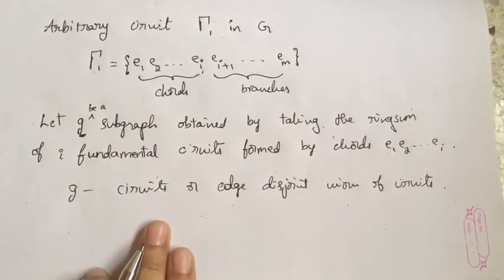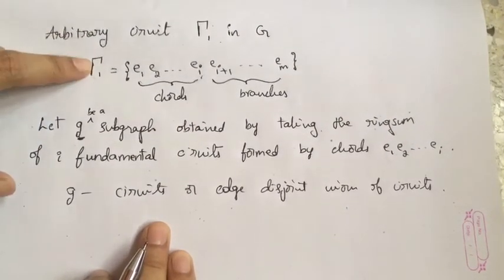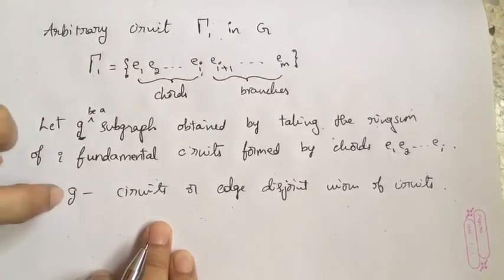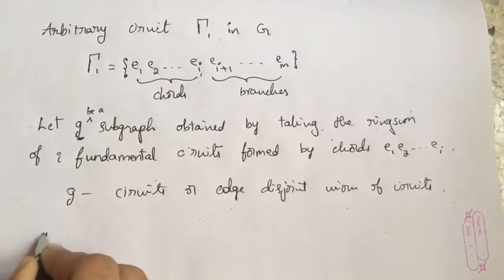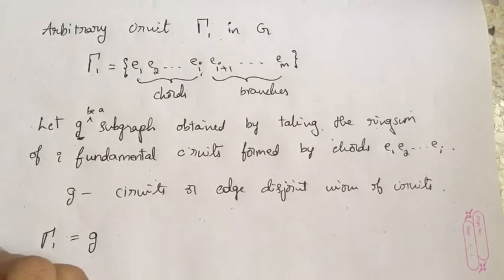So when I get this G, in fact this arbitrary circuit gamma 1 and this G are equal. I'm claiming that this gamma 1 is equal to G. This is what I claim.